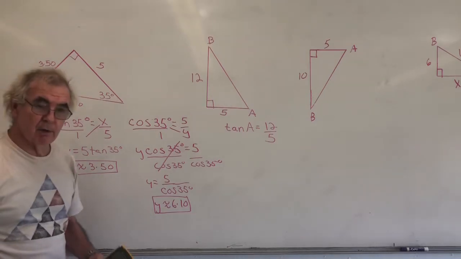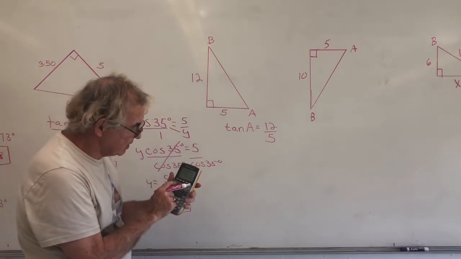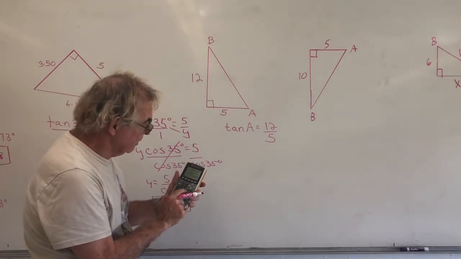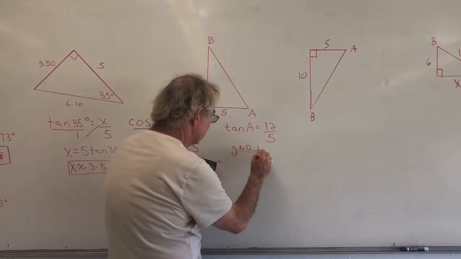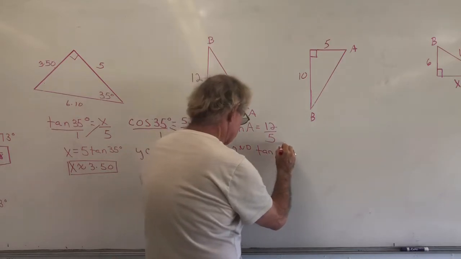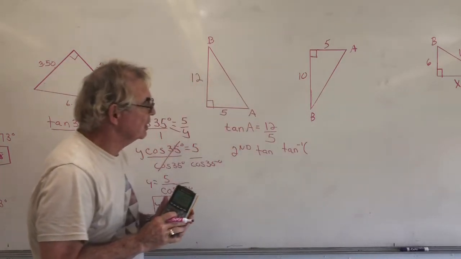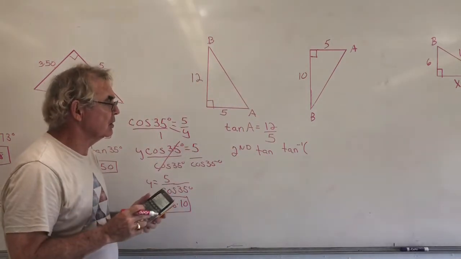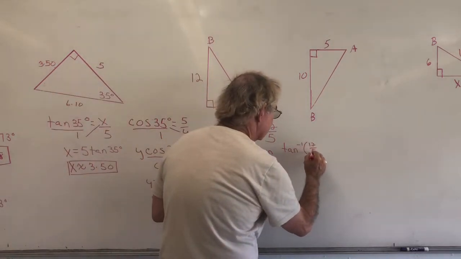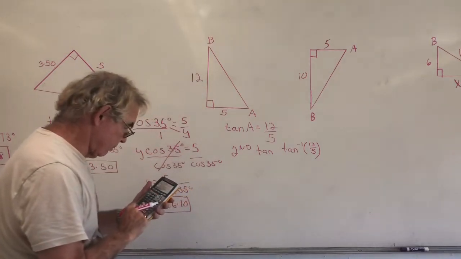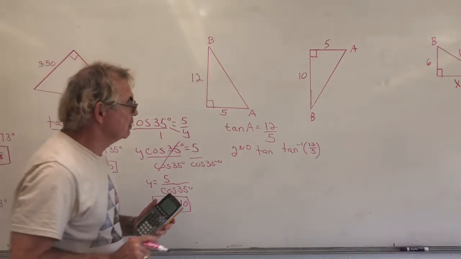Now, when you want to find an angle, you hit the blue key, second, and the tangent. It'll look like this on most calculators. That's called the inverse tangent or the arctangent. If you then divide 12 over 5, you will get approximately 67.38 degrees.